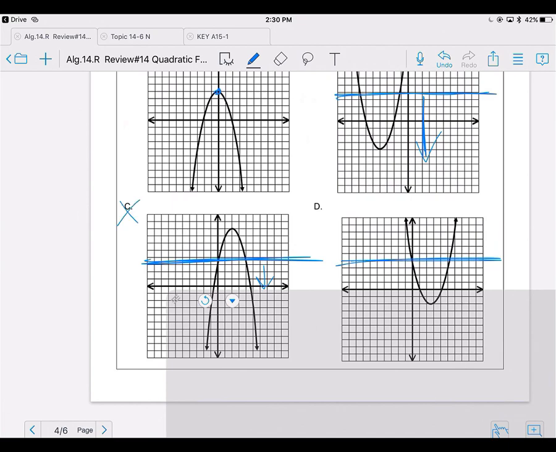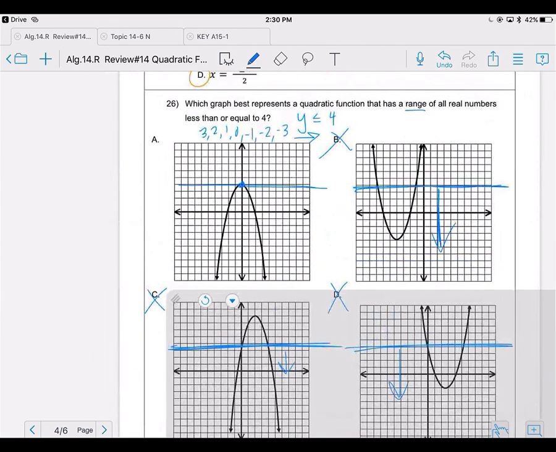D, this is 4, less than means lower than, so D is out. A, this is 4, less than means lower than. So A is the only one that has a graph where all of your y values are underneath 4. If it says greater than, then you would just be looking for bigger than 4 or on top of 4. But we don't have that here, so just be aware of that.